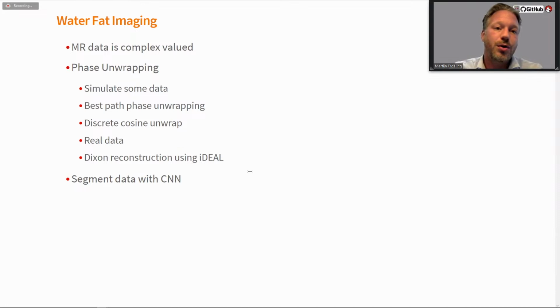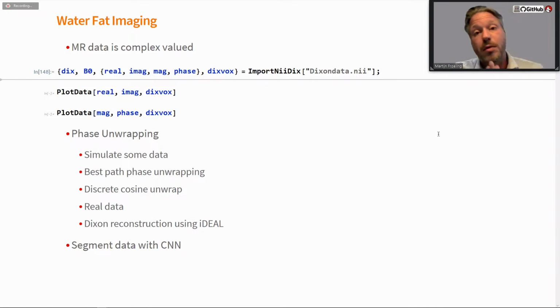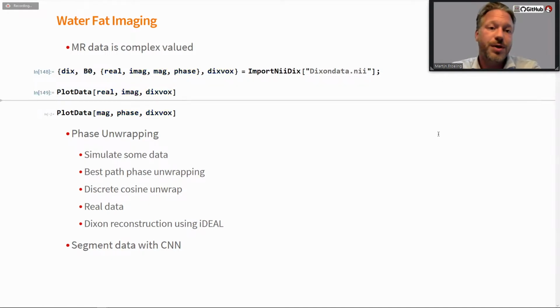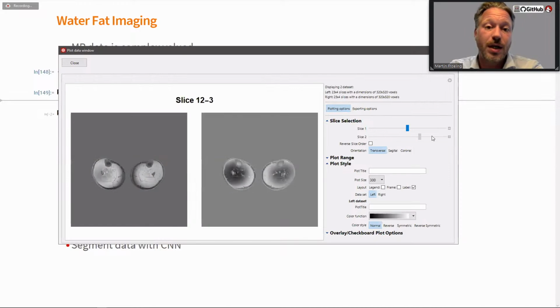Now I'm going to show you some real data from the Dixon, which is MR data. Up to now I've shown grayscale images, and that's the magnitude part of the MR signal, because when we measure the MR signal, it's a complex signal. It consists of a real and imaginary part. So the data that comes from the scanner doesn't look the way I typically show it, but has a real component and imaginary component that looks more like this.